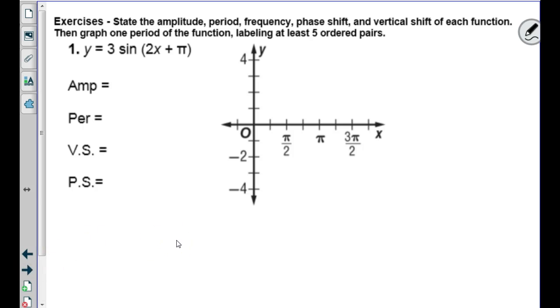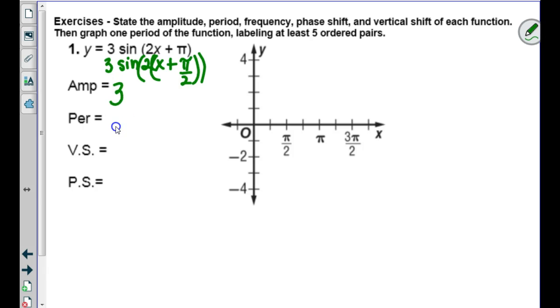All right. We have to factor this. What are we factoring out? Okay, so we'd have x plus, if you divide that by 2, you just have pi over 2. So if we distributed back through, we'd get 2x plus pi, right? Everybody see that? Okay. Amplitude, Kat.